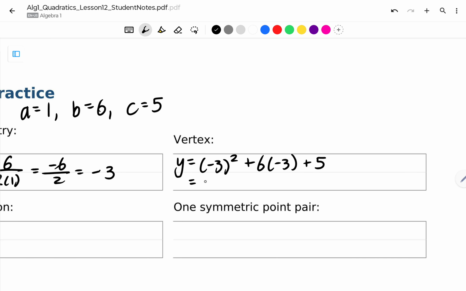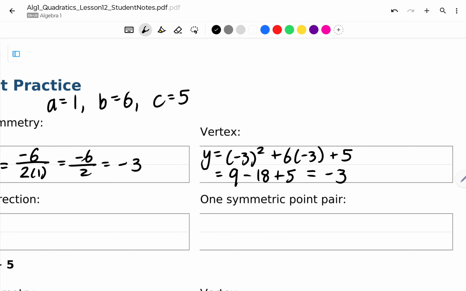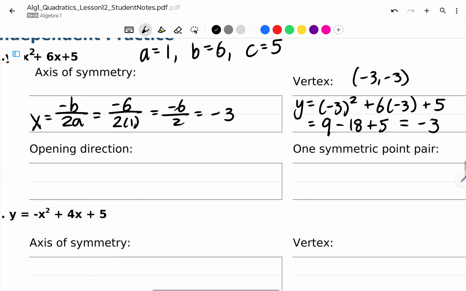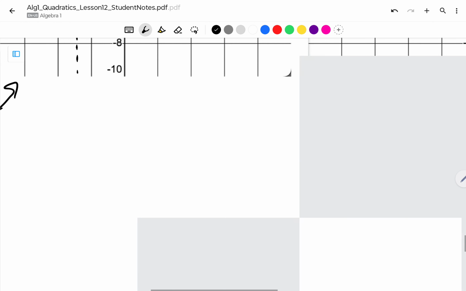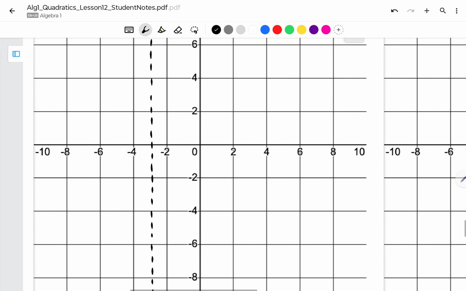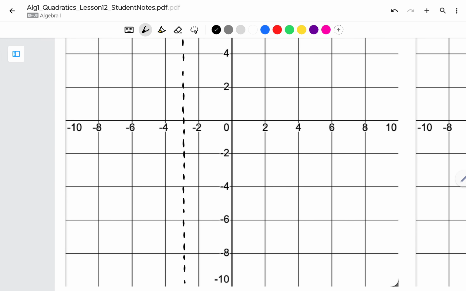Negative 3 squared, that's 9. 6 times negative 3, that's negative 18, plus 5. 9 minus 18, that's negative 9. Negative 9 plus 5, that's negative 4. So we have our vertex at negative 3, negative 4. Right here.